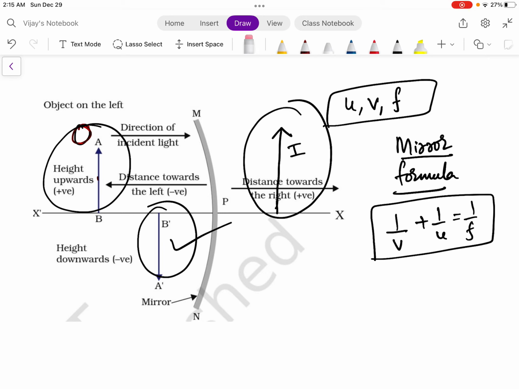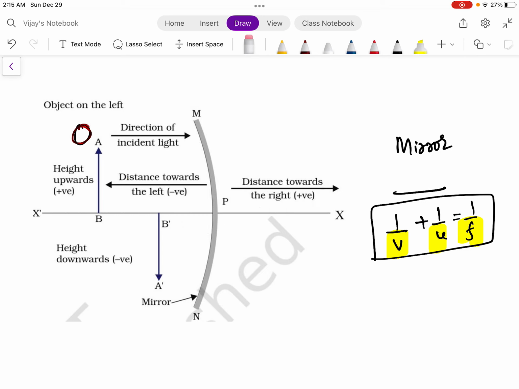Now in the mirror formula, there are three things. One is image distance, second is object distance, and the other is focal length. Now remember, as far as a concave mirror is concerned, let me rub all this. You can see here, what is this mirror? This mirror is a concave mirror. Where is the focus? The focus is somewhere here, on the left side.